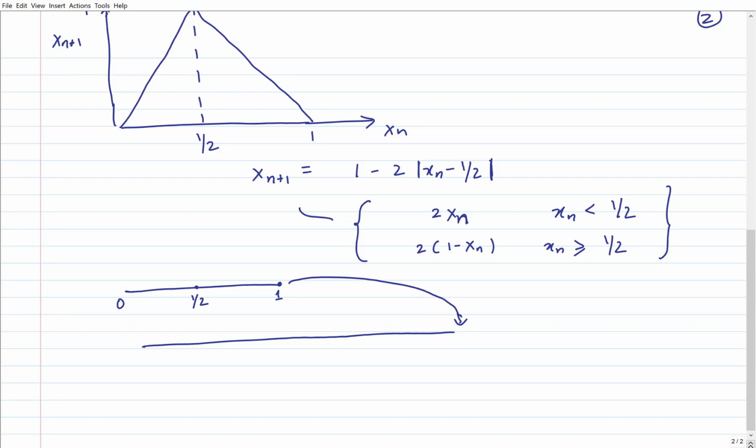Over here, and similarly this guy gets stretched to 1 over here. So we stretch it in the first step, and then this gets folded back.